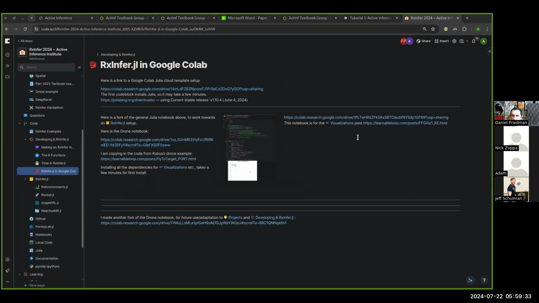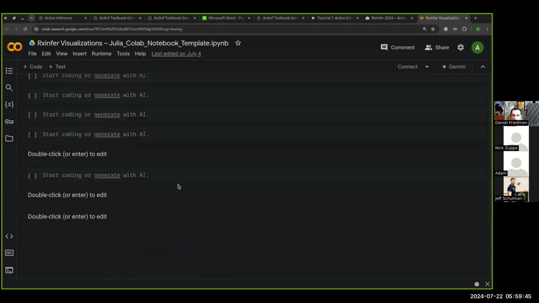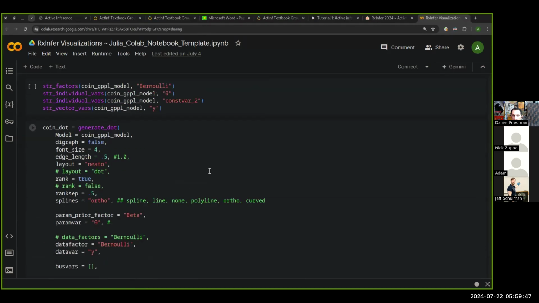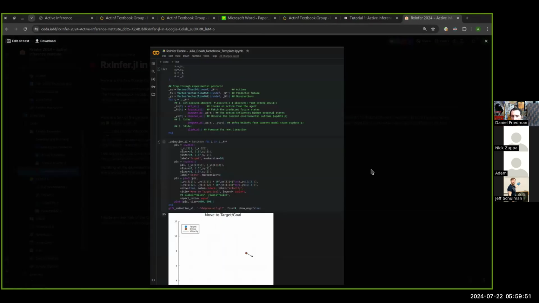So here you can jump into a coding notebook and then get all the way on through to seeing it in RxInfer. Here it is with running a drone.